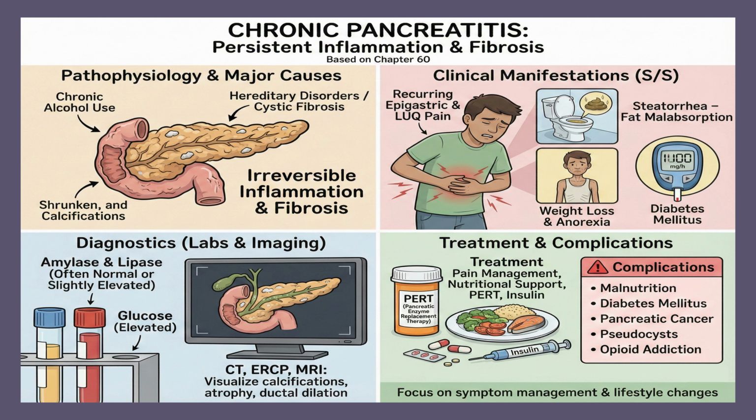This pain is frequently constant and debilitating, interfering with daily activities. In some instances, pain may paradoxically decrease as the disease advances, possibly due to the pancreas losing its ability to produce digestive enzymes.